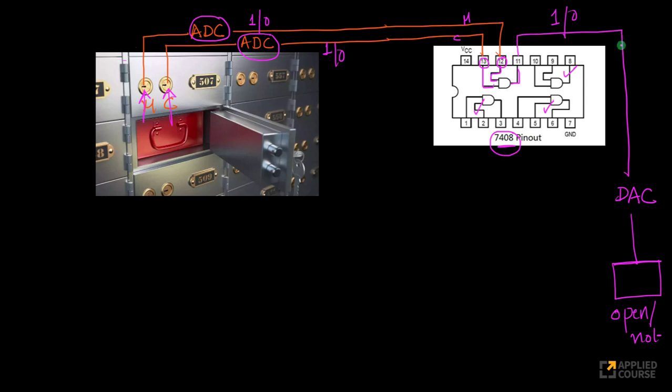Now you take the digital output, then you have another electromechanical component called a digital to analog circuit, which takes a digital signal and converts it into an analog or a mechanical or electromechanical system. This electromechanical system will either open the locker or not open the locker. Remember that ADCs and DACs are what mechanical and electrical engineers or electronics engineers design.